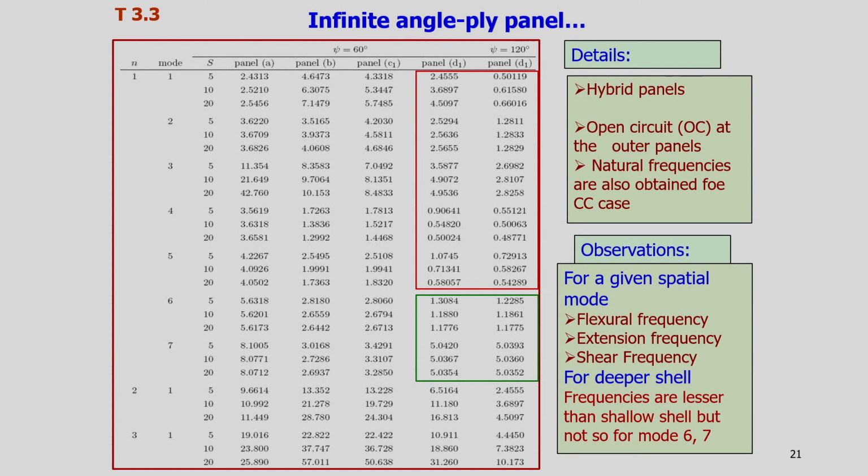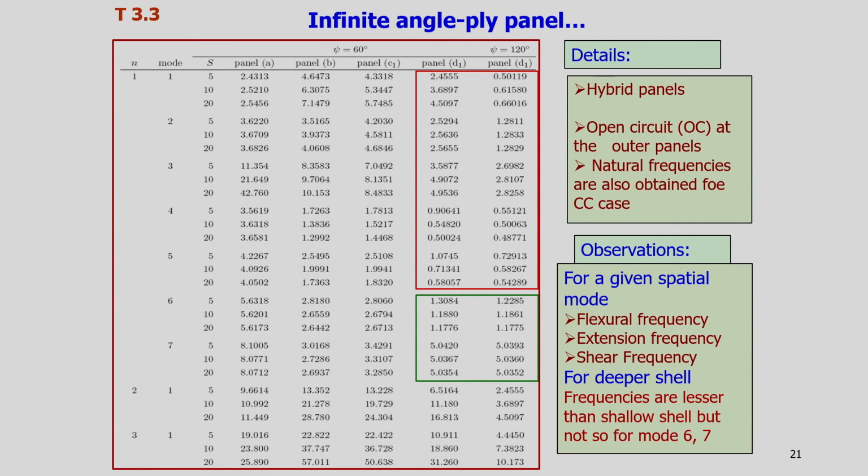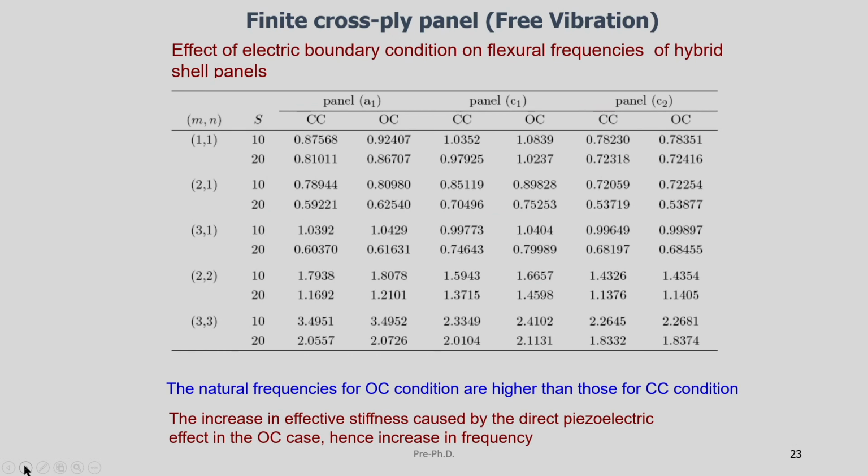Having a piezoelectric layer, if you change the electrical circuit conditions, its natural frequencies change. That is the message. So here we have open circuit and closed circuit, for phi equal to 60 degrees and phi equal to 120 degrees. Again, with closed circuit conditions and open circuit conditions, the frequencies change.